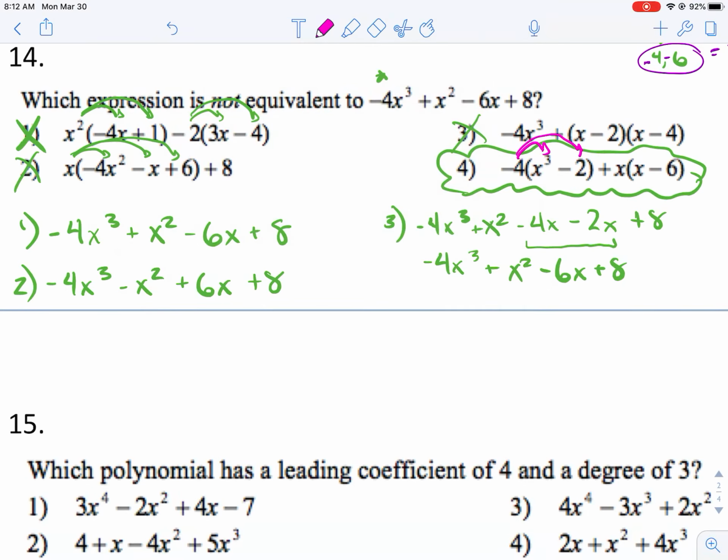And so if you were to distribute those two numbers on the outside, you would get negative 4x cubed plus 8 plus x squared minus 6x.